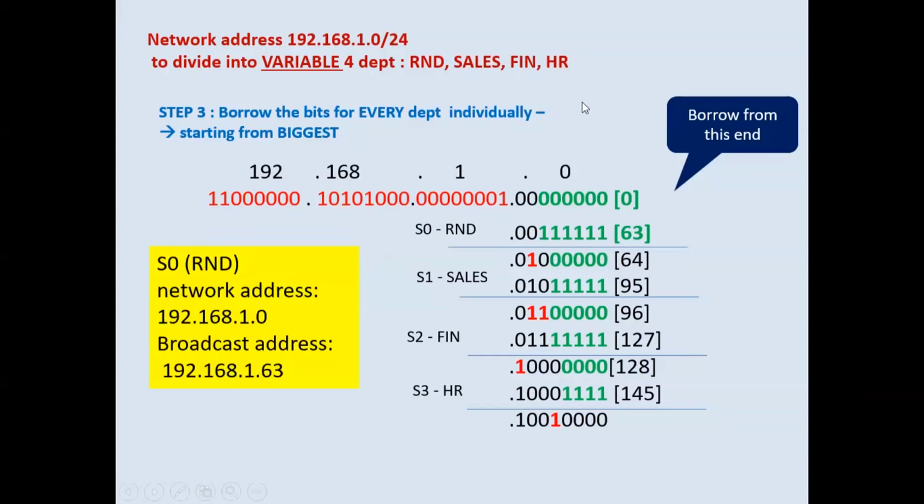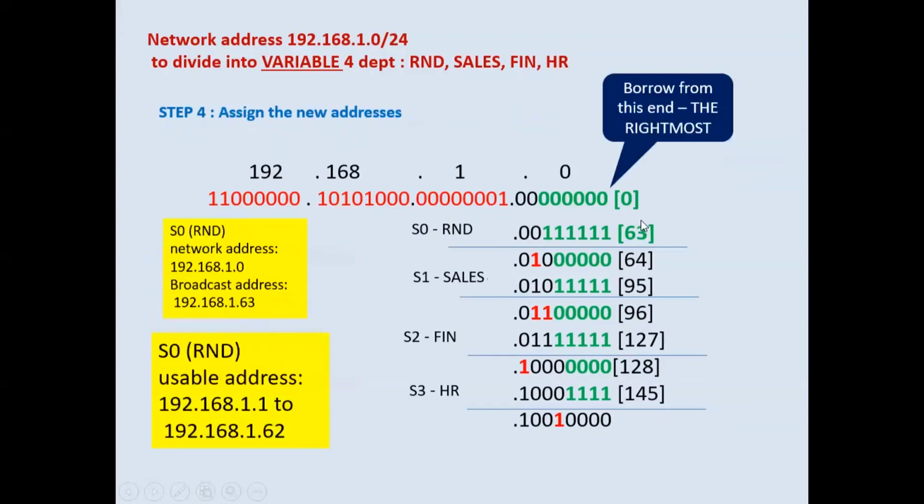So moving on, same thing as just now. This is the subnet for R&D. You have your network address and broadcast address, and then the usable addresses are in between. And what is the subnet mask for all these different subnets? You count all of the bits before the green one. So here for R&D is /26, for sales is /27, for finance is /27, for HR is /28.